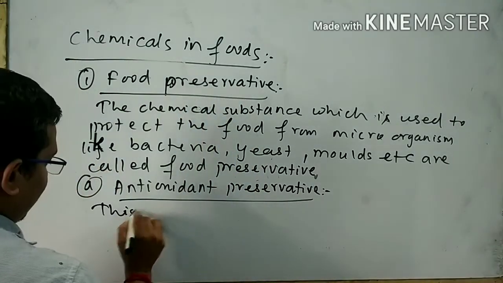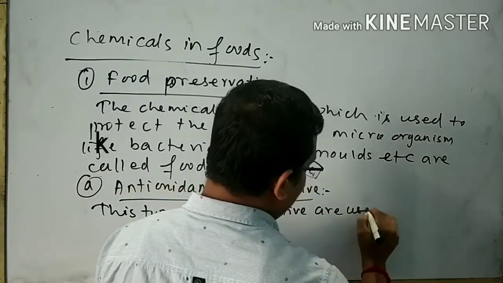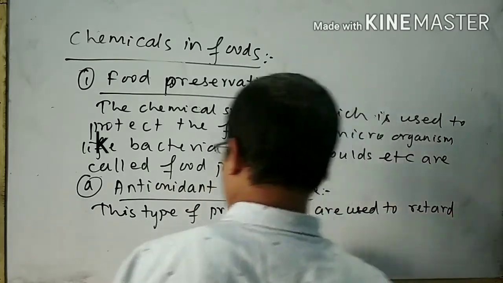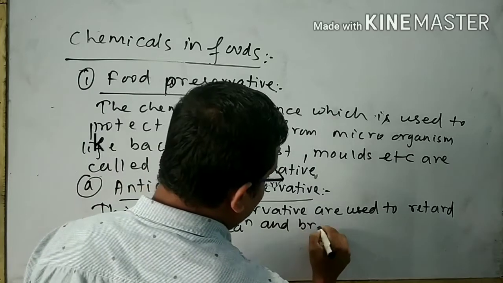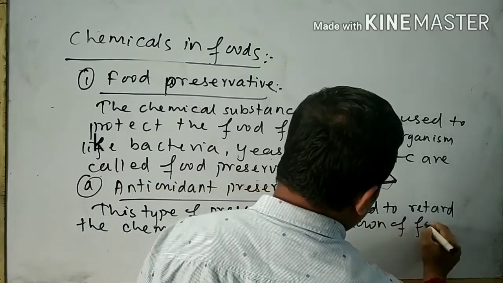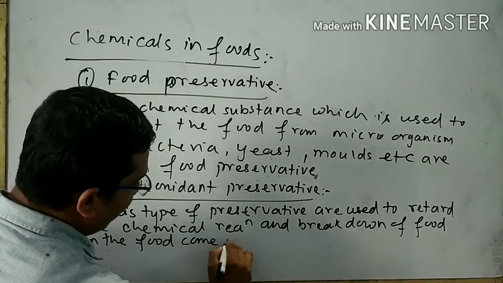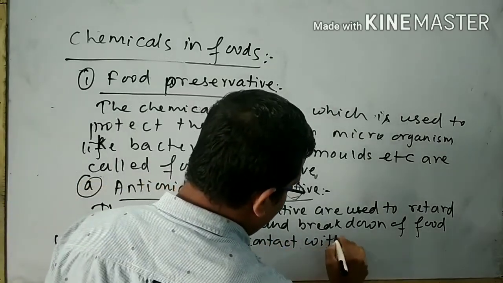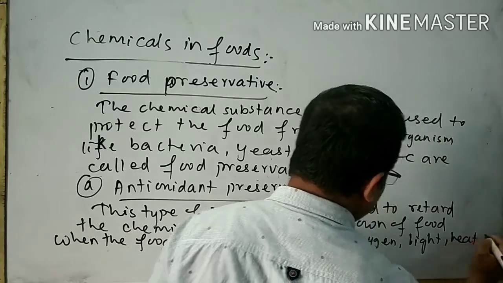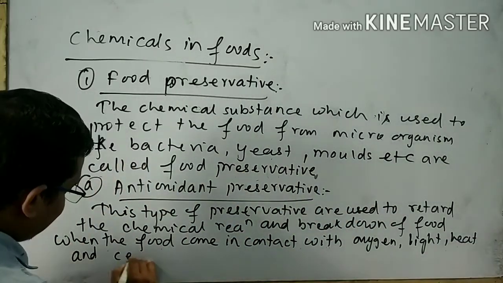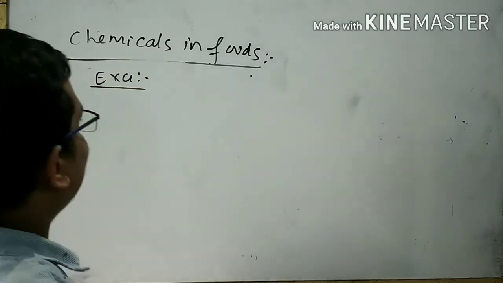So you can write: this type of preservative is used to retard the chemical reaction and breakdown of food when the food comes in contact with oxygen, light, heat and certain materials.